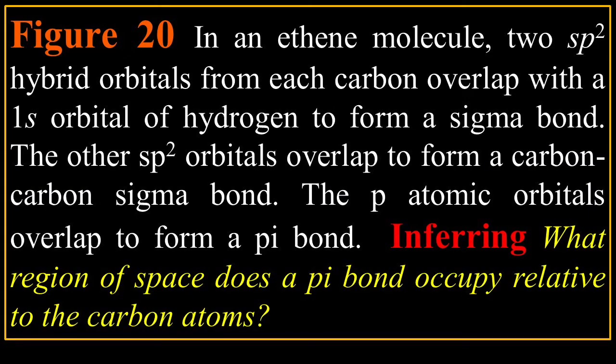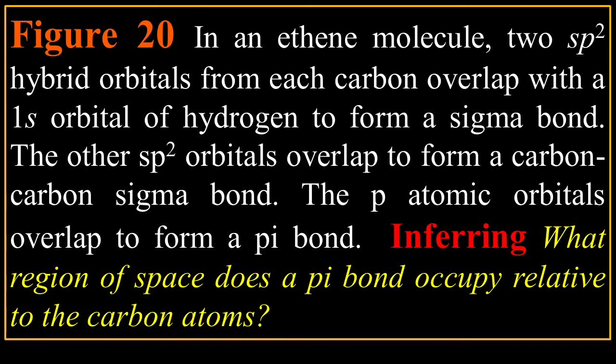In figure 20, in an ethene molecule, two sp2 hybrid orbitals from each carbon overlap with a 1s orbital of hydrogen to form a sigma bond. The other sp2 orbitals overlap to form a carbon-carbon sigma bond. The p atomic orbitals overlap to form a pi bond.